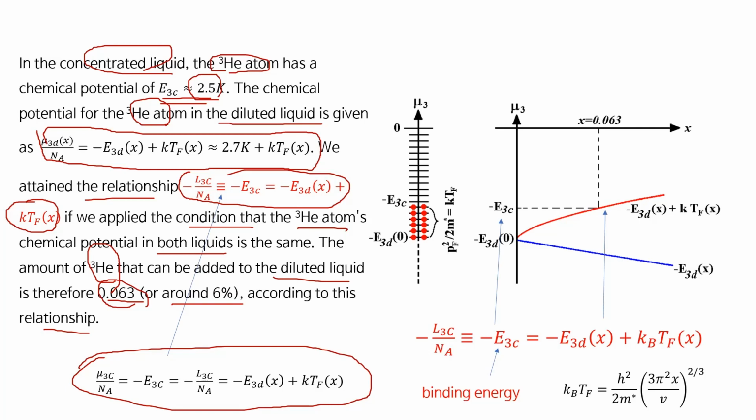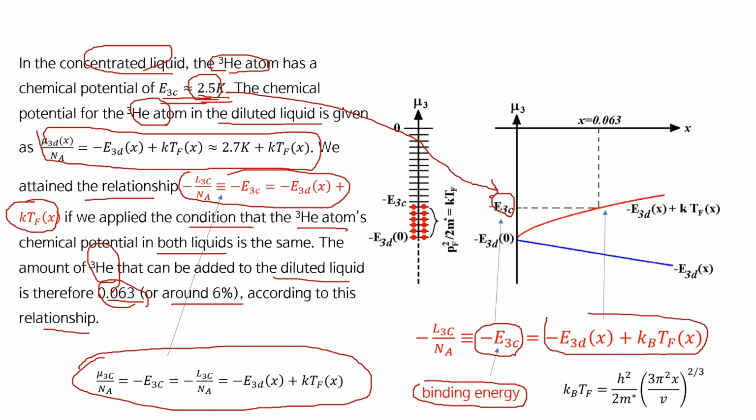So this is E3C, that is 2.5 Kelvin, the binding energy of the helium-3 atom in the concentrated liquid, around 2.5 Kelvin, and this is the chemical potential of the helium-3 in the diluted liquid, and we assume that the chemical potentials of helium-3 atoms in the concentrated liquid and the diluted liquid are the same.